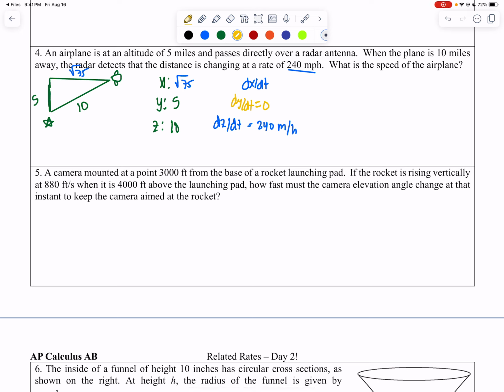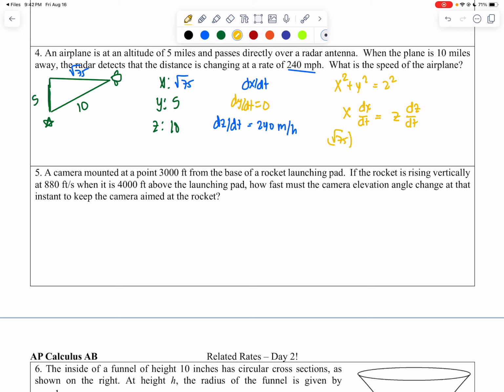Thinking about your good old Pythag and your derivative here, I'm going to go ahead and skip a step and go to the shortcut where I have x dx dt is equal to z dz dt, because remember y squared dy dt is going to be 0, so that's going to cancel out. I know that x is root 75.